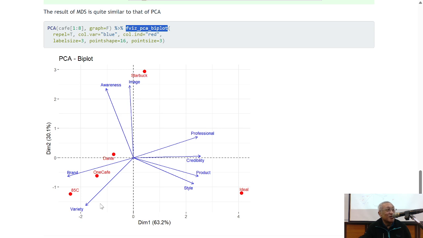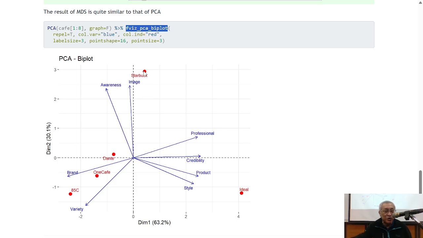As you can see in this chart, you can see a lot of things. First of all, because this is a customer survey, this is customers' perception about each of the brands.